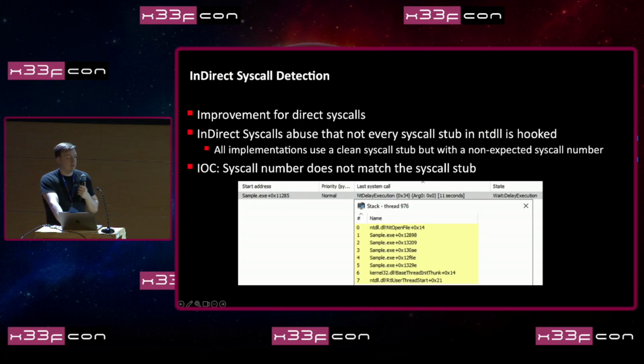Similarly to direct system calls, there are indirect system calls, where it is abused that not every system call stub in NTDLL is hooked, and attackers are reusing a non-hooked stub, but with an unexpected system call number. And here, in the screenshot, we see that a program was calling NTDLL execution, yet in the call stack we see that the stub of NT-open-file was used, which doesn't make any sense because we have a huge mismatch here.